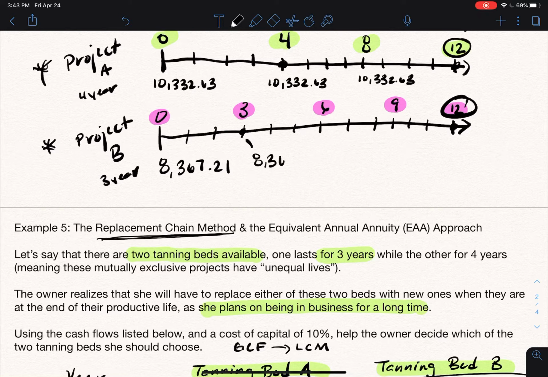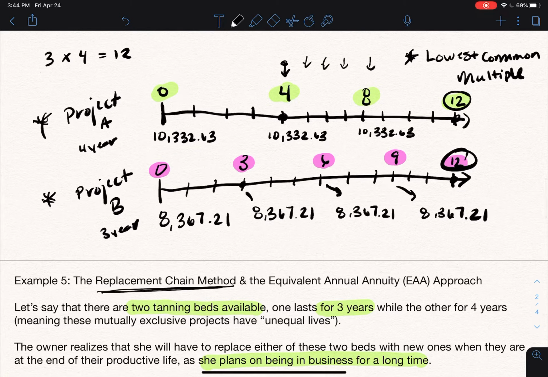And if I buy it again, same thing, and if I buy it again, same thing. This is exactly why I use the timeline, because I want you to visually see what's going on.